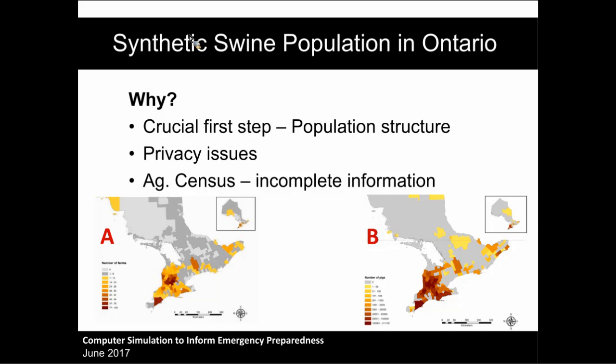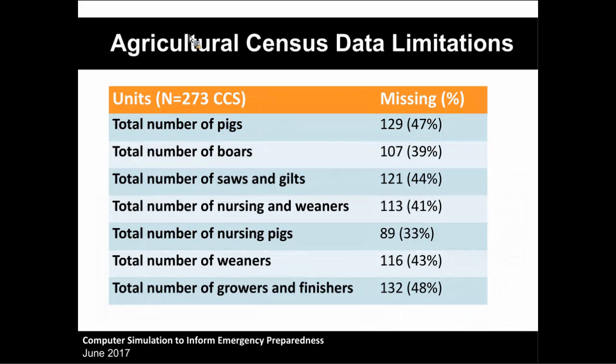The first road bump we hit was the agricultural census. The latest one with complete data was from 2011, although there is a 2016 census coming up. We still did not get the detailed information when we were running this model. So the 2011 census was our way to go. When we looked at the census, it had incomplete data, as you can see from this table.